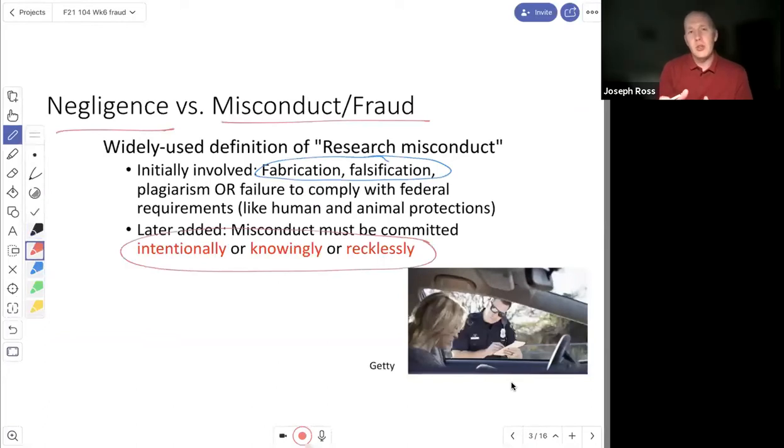Negligence is what happens if you break a rule and you didn't know it was a rule. It's an innocent fault: you did something, but you didn't know it was illegal. You still get pulled over for it, right? But it's worse if you commit misconduct or fraud, where you knew the rules and you chose to break them, usually for your own gain, to get a nice looking chart for a paper, to get your paper published, whatever.